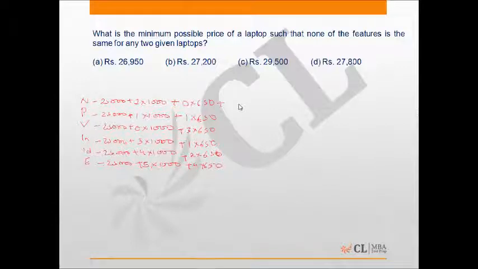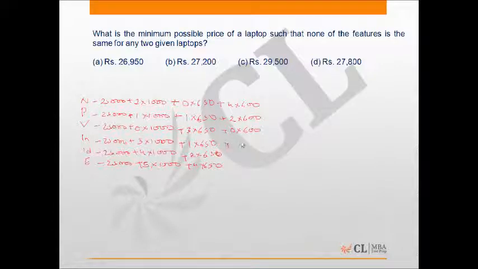Now for hard disk we have already calculated, for each upgradation it will be 600. For Notebook 500 GB means 4 upgradations, so it is 4 into 600. For Pavilion 160 GB means 2 upgradations, so it is 2 into 600. For Vostro we will consider it as 40 GB only, so no upgradation, 0 into 600.